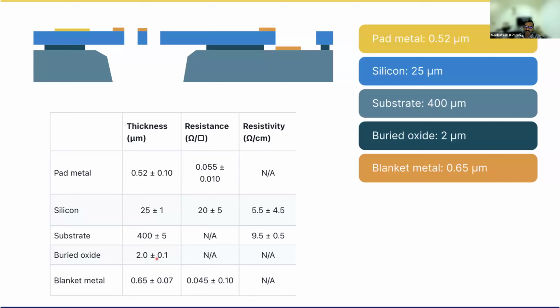And this same thing has been tabulated over here. And these would be some of the variations we could expect during the fabrication. And these are the resistance values for each and every individual layer under consideration. I hope this is clear, guys.